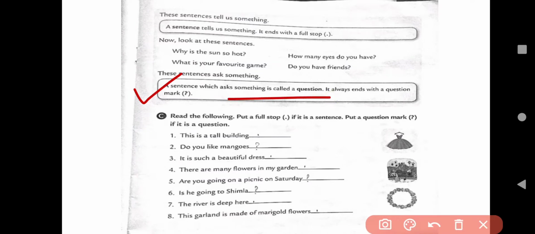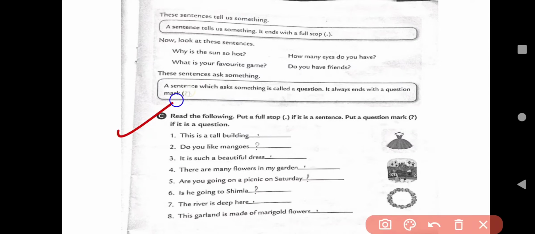Okay, this is a question. It always ends with a question mark. Means when we have a simple sentence, we will use a full stop at the end of the sentence. But when we have a question, then we have to put a question mark at the end of the sentence.